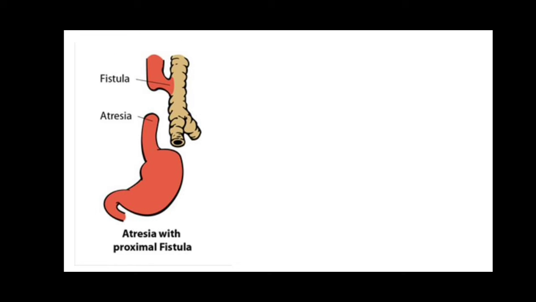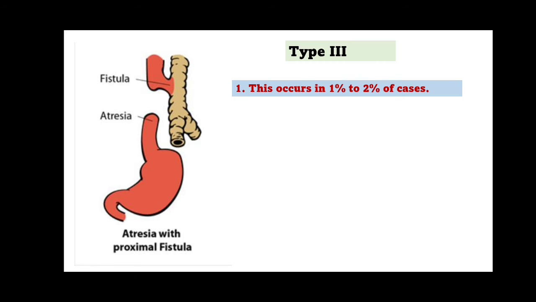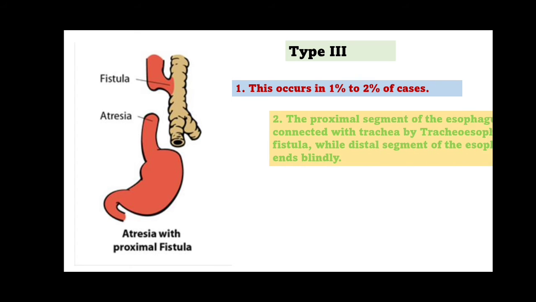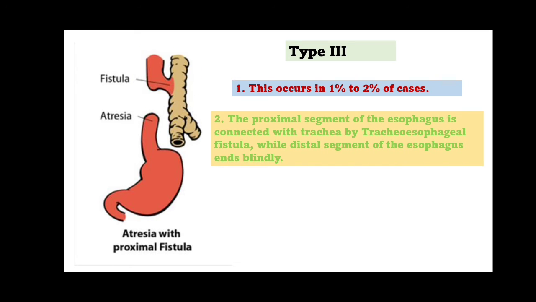In type 3, that is the proximal fistula with the distal esophageal atresia. This occurs in 1 to 2% of the cases. This is very rare. The proximal segment of the esophagus is connected with the trachea by a tracheoesophageal fistula, as shown in the figure, while the distal segment of the esophagus ends blindly.